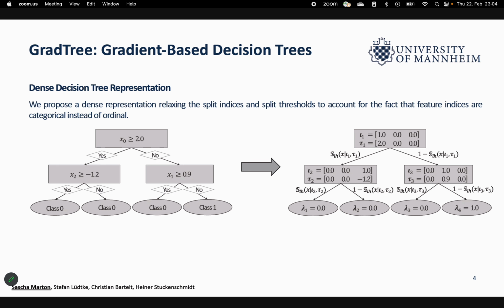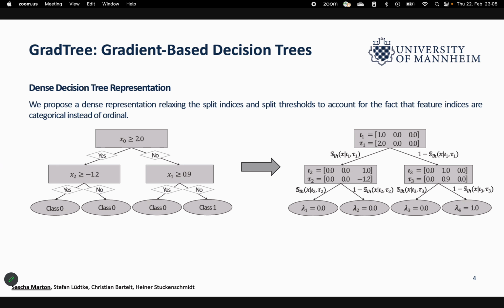Therefore, we simply one-hot encode the split indices, which means in the root node we're looking at x0, so the 1 is at position 0 in the first vector at the root node of our dense representation. At the left node in the second level, we're looking at x2, which just means that the 1 is at position 2, and so on. Similarly, we also store the split thresholds in a vector where the position is always the same as the corresponding split index.